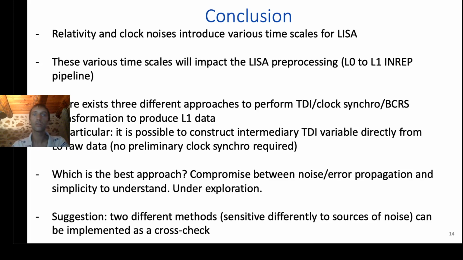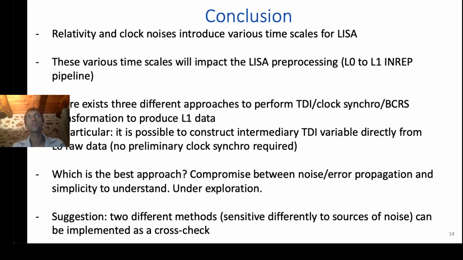For the conclusion, relativity and clock noise introduce various timescales in LISA, and I've presented some orders of magnitude for these various timescales. They will impact the LISA preprocessing, in particular the L0 to L1 preprocessing. And I've shown that there actually exist three different approaches to perform the TDI, the clock synchronization, and the BCRS transformation.